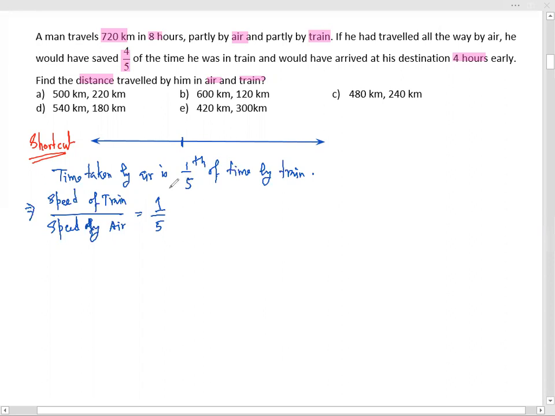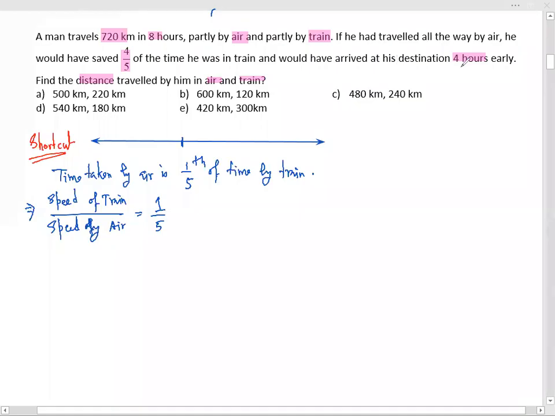Now, after getting the speed ratio, we have to find out how much time it initially took. Now we are connecting the other part. That means 4 hours early.